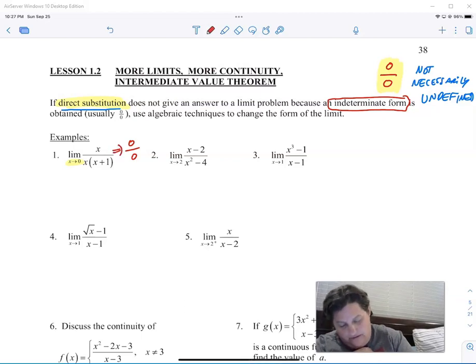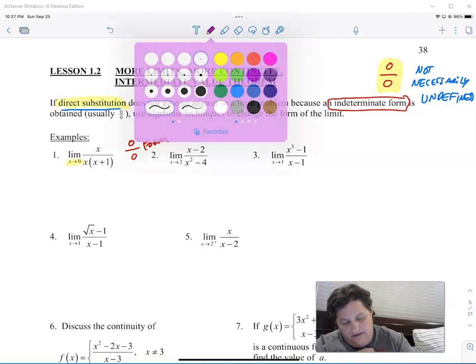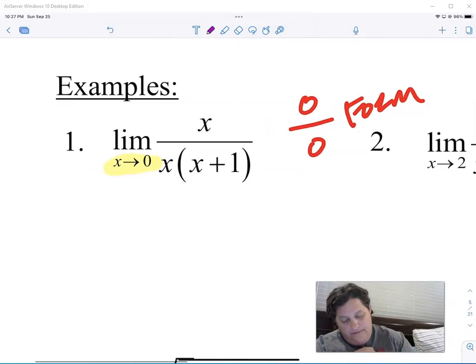What that means is we have to do something else with it. And almost always, the thing that we're going to be doing is factoring and canceling out. Now look, guys, this one is already factored. x plus 1 is already factored. Now I'm allowed to cancel.